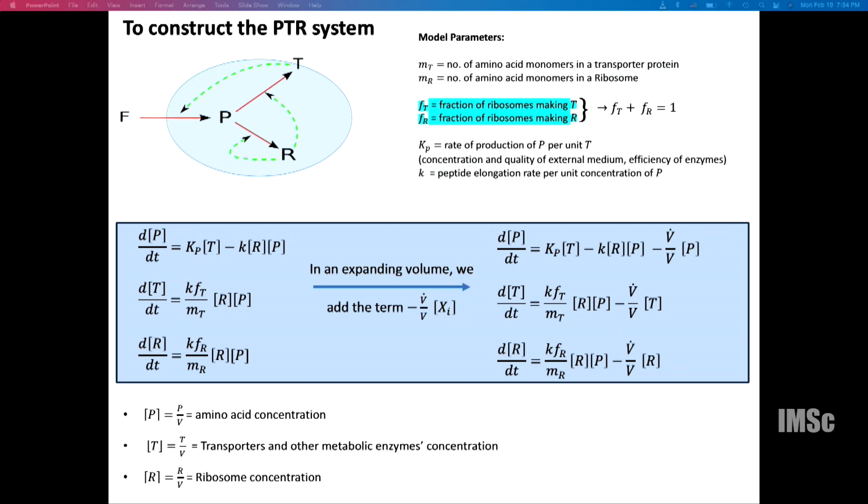Now, this kind of a model has been used to address various experimental questions in bacterial physiology, and a model like this actually ends up explaining things called bacterial growth laws, which tell you how the ribosomal composition changes with growth rate of bacteria.